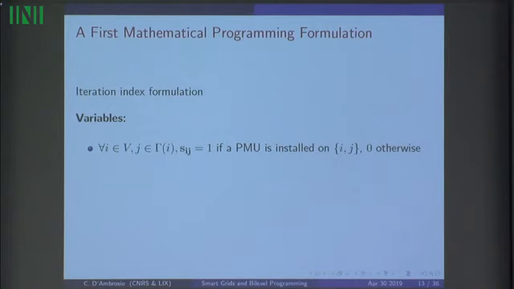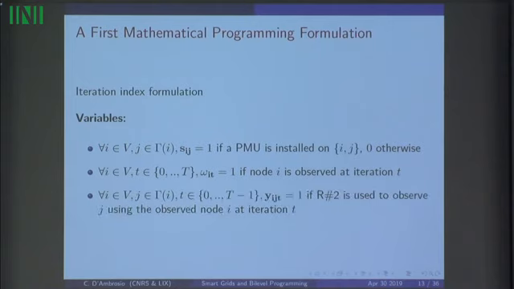The first is S_ij for each ij in the edge set, which is equal to 1 if the PMU is installed on that edge, and 0 otherwise. Then the second one is omega_it, which says, for each vertex i and iteration t, whether at iteration t the node i was observed.